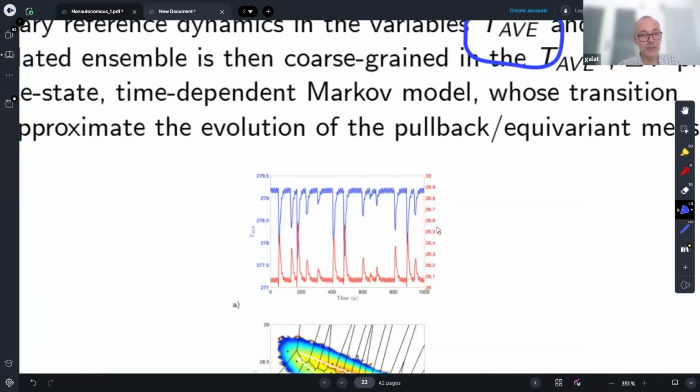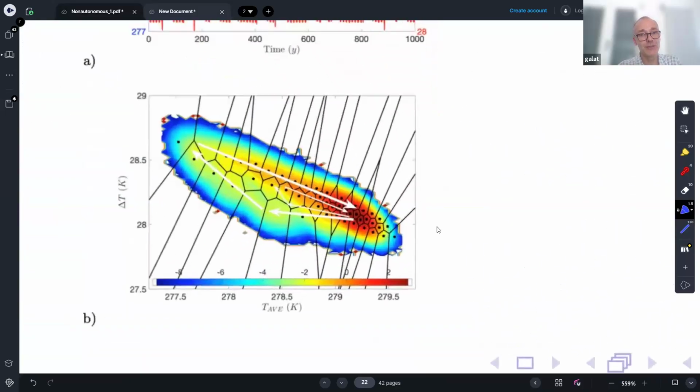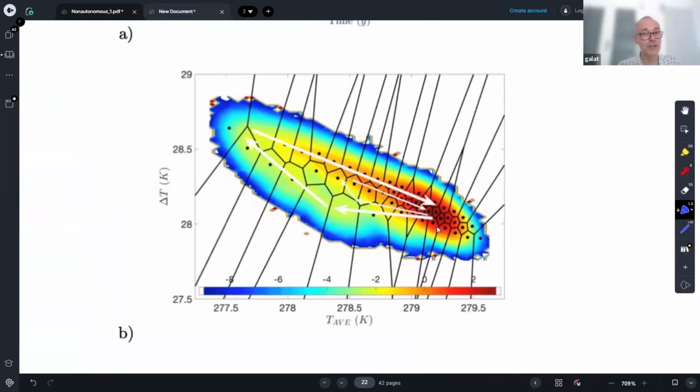And he considers, by simulations, a two-dimensional picture in which you have the two coordinates. So the system becomes a two-dimensional system. By simulation, for example, at a certain moment you are here, then next moment you are here, then you go here, and so on. And here you have a picture of the probability density of the evolution of this discretized, dimensionally reduced induced system.